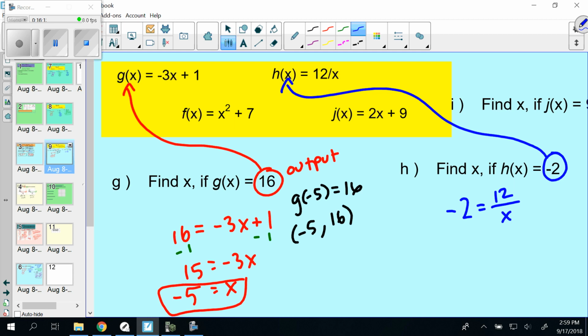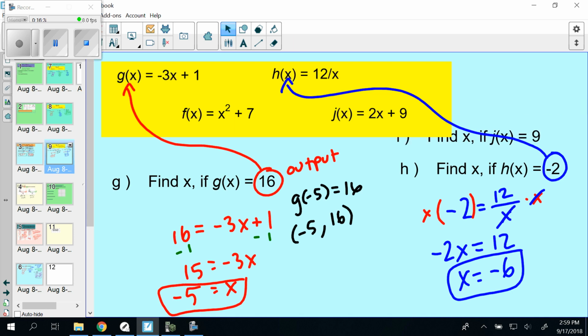To solve that one, let's get rid of our fraction by multiplying both sides by x. Now we have -2x on this side equals 12, because these would cancel out. Divide by -2, and it looks like our answer is -6.